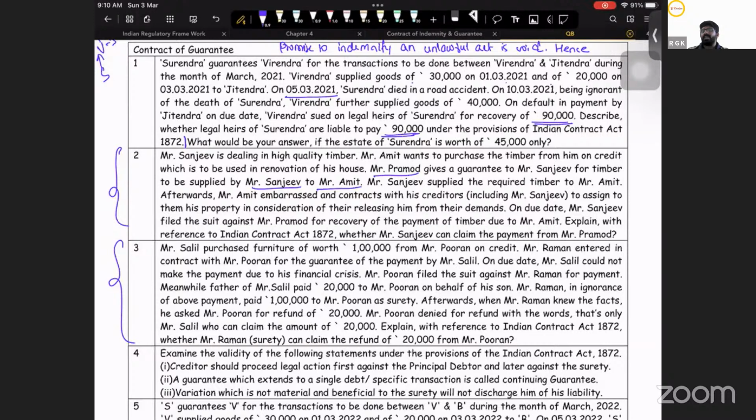So when he pays 1 lakh rupees, he has all the right to claim back 20,000 rupees from Mr. Puran. Since the liability of principal debtor is 80,000, even surety's liability will be restricted to 80,000 rupees only. This is the point to be observed.